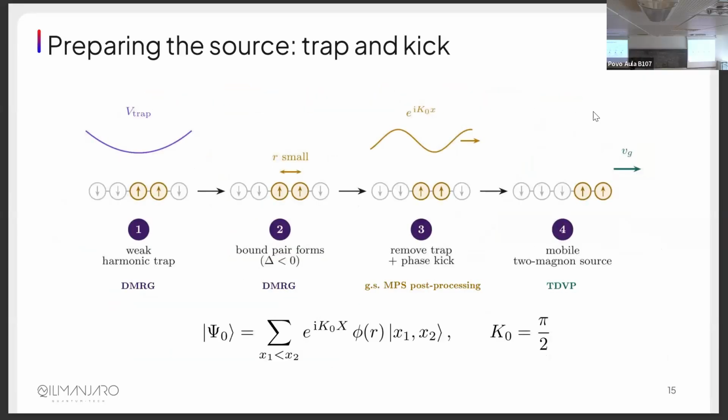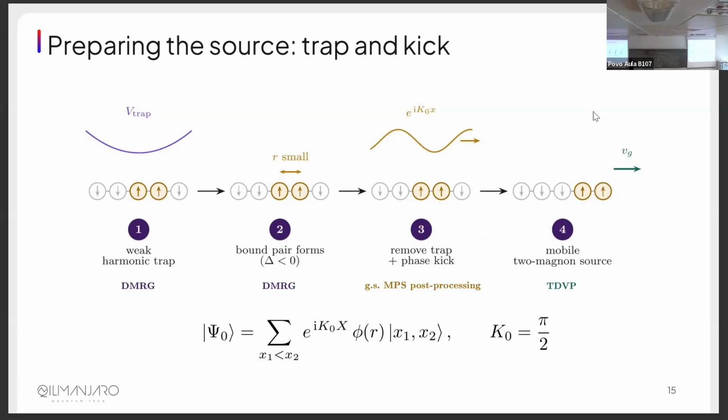And this is the strategy using tensor networks to construct the state of the spin part. We take the XX Hamiltonian, we impose that we want two spin ups, and we add a trap to impose that we want the two spin ups close.